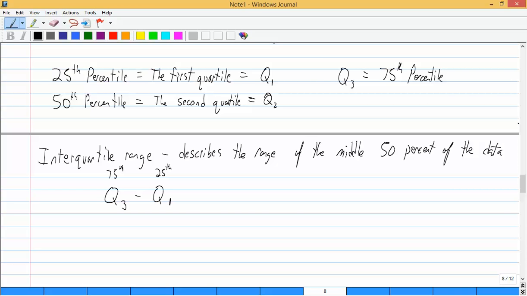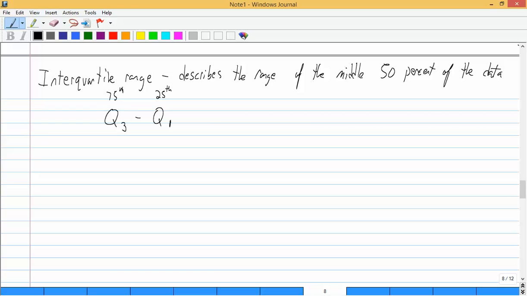Now, that may not sound important, but whenever you start analyzing sets of data, then that is important. One way that quartiles can be used is in the construction of box plots. If you have a graphing calculator, or you know how to use Microsoft Excel really well, you can do box plots.